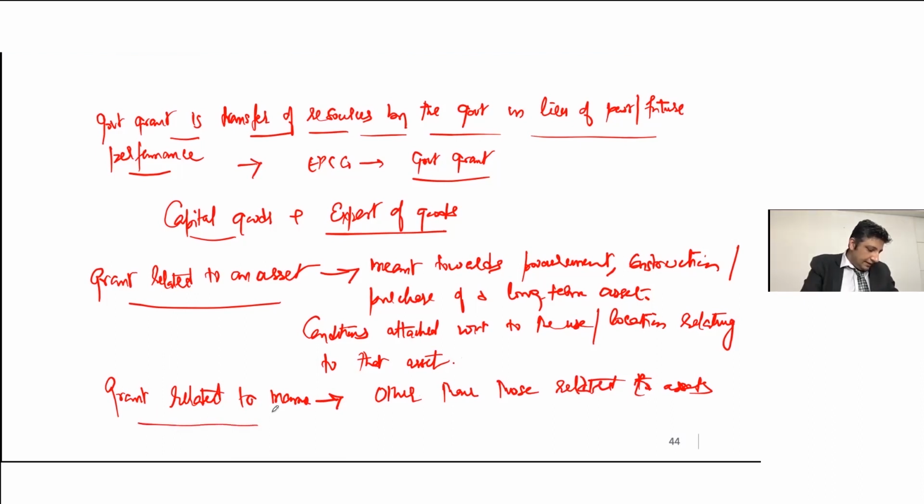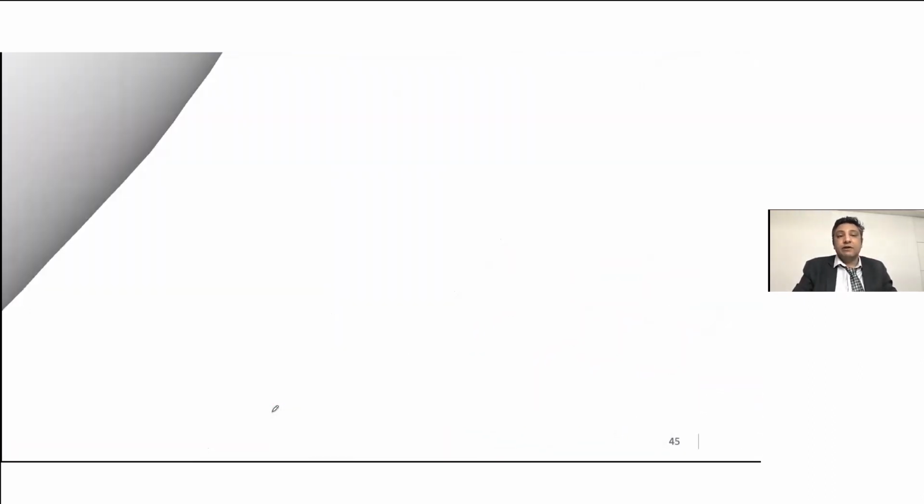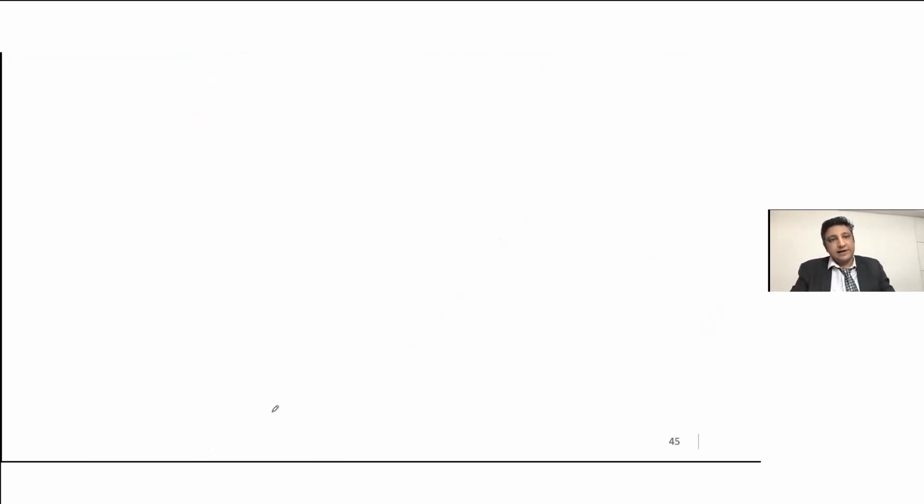Okay, now the question is, what if you look at this incentive, how do you treat that if it were a grant related to an asset versus if it were a grant related to income? Both these types of grants result in two ways of accounting.